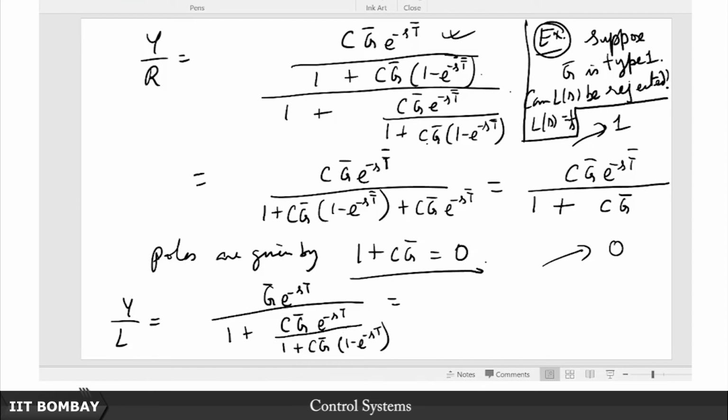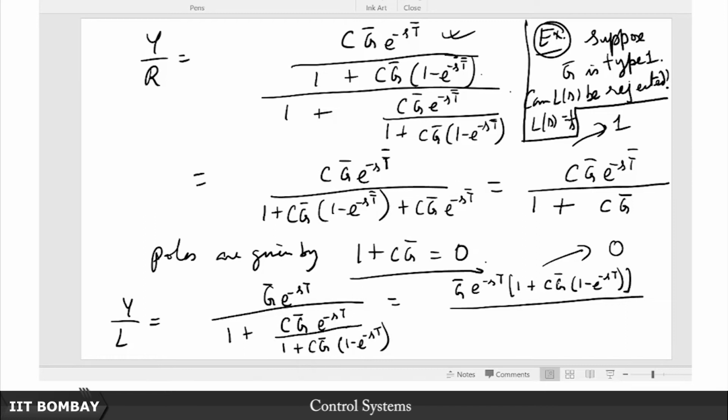What does this lead to? Now you see, unlike in the earlier case where this common denominator cancelled out from y to r, here we do not have anything in the denominator for y by L, isn't it? So this gives us a rather complicated looking transfer function, but nevertheless we have to write this G bar e to the minus sT times 1 plus C G bar into 1 minus e to the minus sT. That is what comes in the numerator.